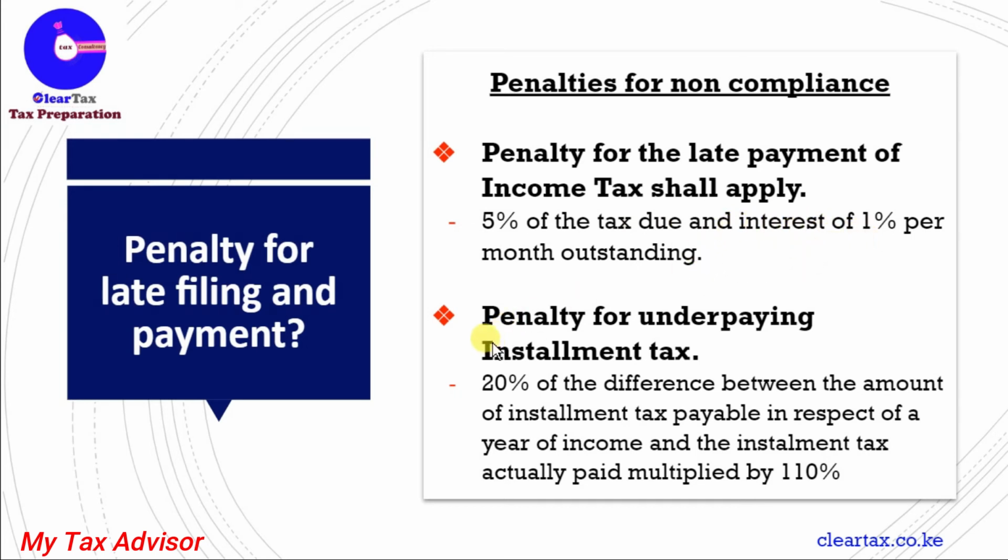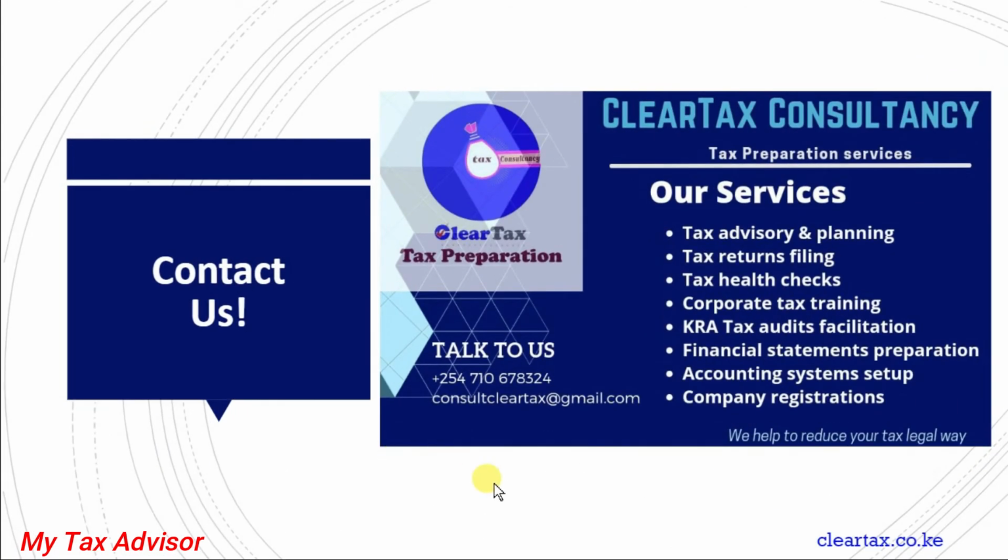And then if you underpay installment taxes or you pay nothing at all, then you'll be liable to a penalty of 20% of the difference between the amount of installment tax payable and the installment tax actually paid multiplied by 110%. So after this, folks, I now want to show you how you lodge the payment on iTax.